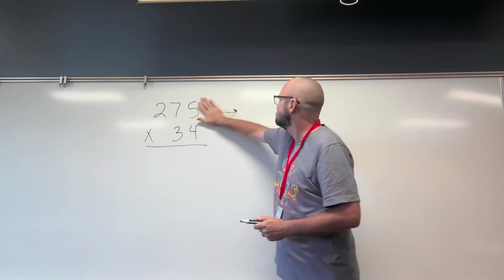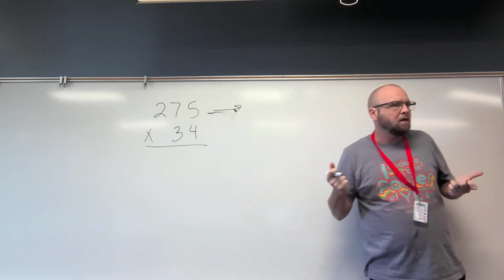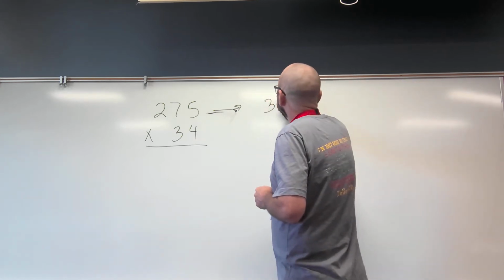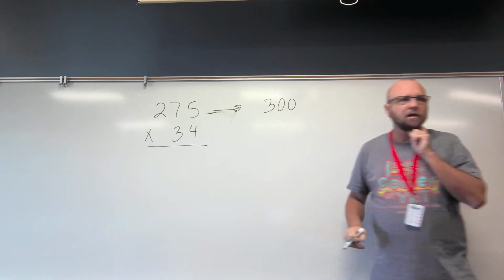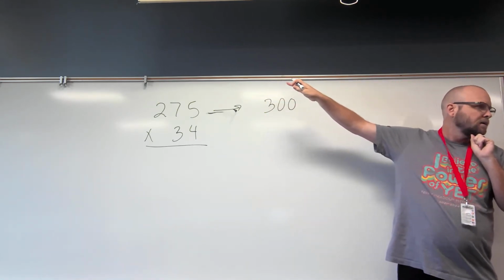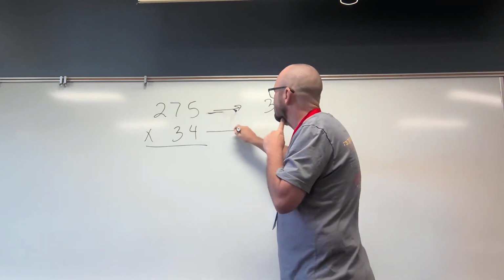Let's change 275 to 300. Okay? So that's going to make my estimate quite a bit higher than my actual answer. But that's okay. It still gives us the ballpark figure.